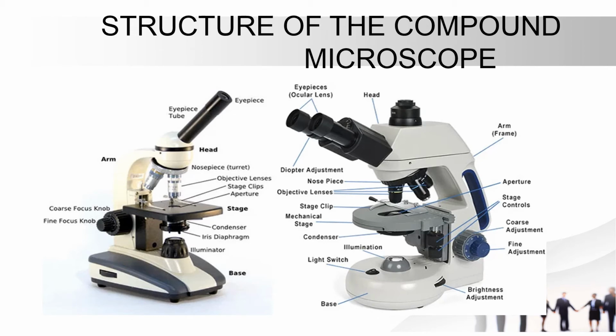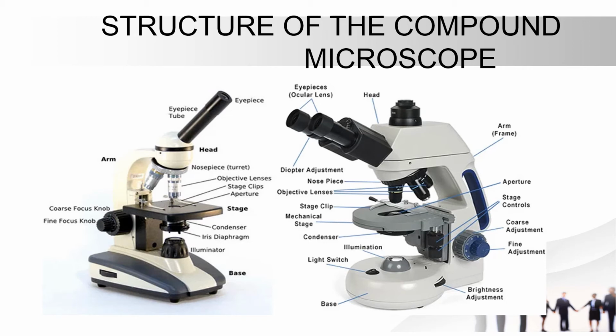Now then you have the frame or the arm. That is where you hold it when you want to handle it. Then from there you have the coarse adjustment knob, and then we have the fine adjustment knob.